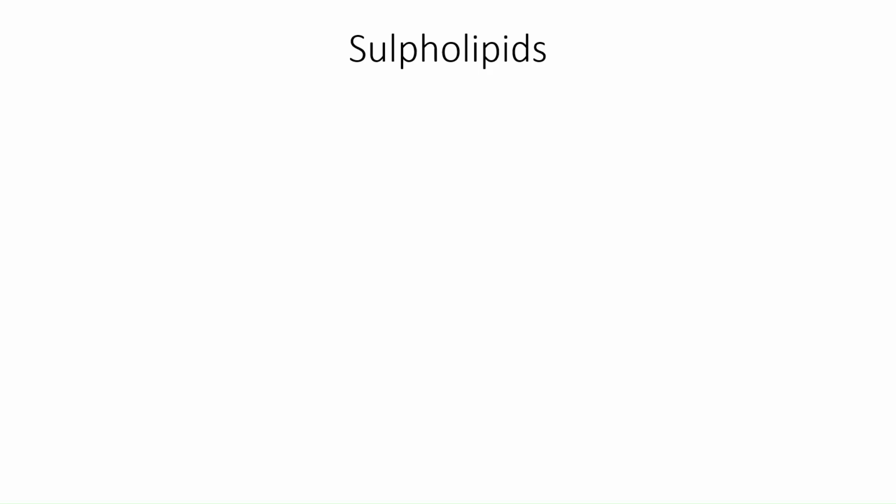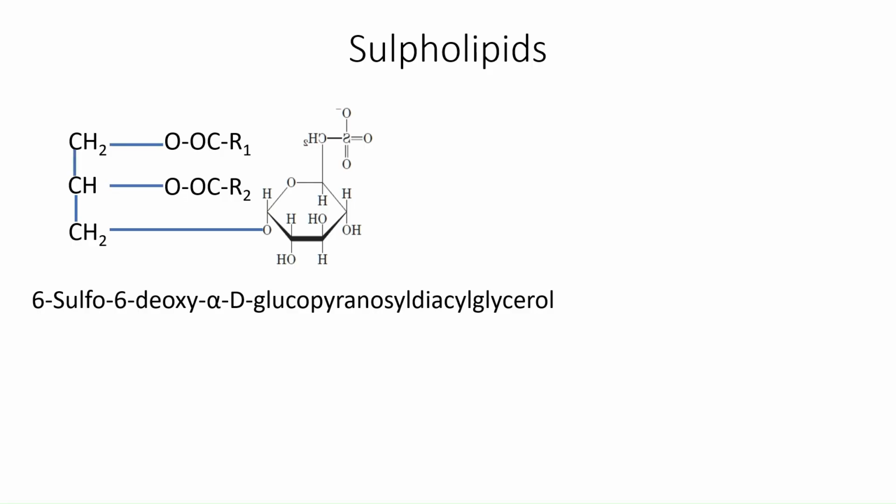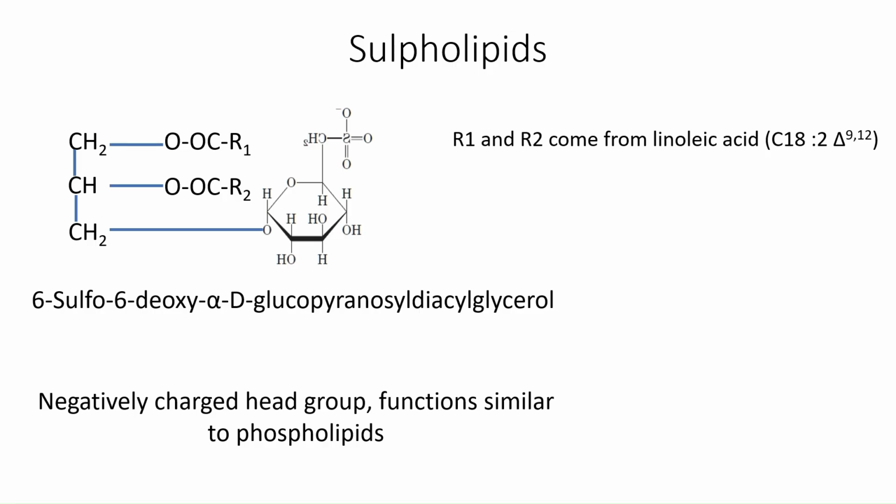Moving on to sulfolipids, these are also under glycolipids, where the third alkyl chain is replaced by sulfonated sugar residues. For example, here we have 6-sulfo-6-deoxy-alpha-D-glucopyranosyl diacylglycerol. In this one also, similar to the last one, the first and second alkyl chains come from linoleic acid, and the head group is negatively charged, and they function similar to phospholipids.